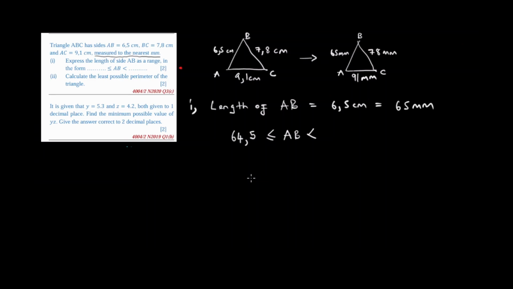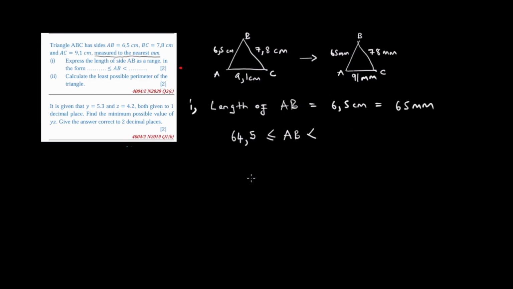That is going to be the lower bound. If we take 64.4 and round to the nearest 1 millimeter, it gives us 64. So the lowest number we can round to the nearest millimeter giving 65 is 64.5. So that is what we write there.